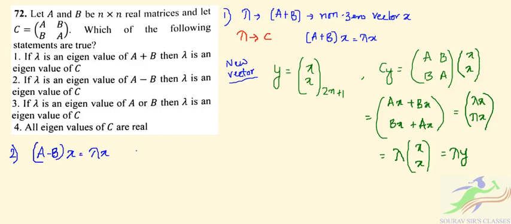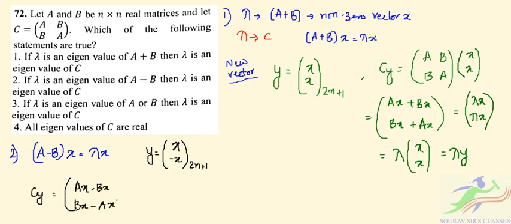So consider a new vector y equal to x and minus x. What will be Cy? It will be Ax minus Bx, Bx minus Ax, right?